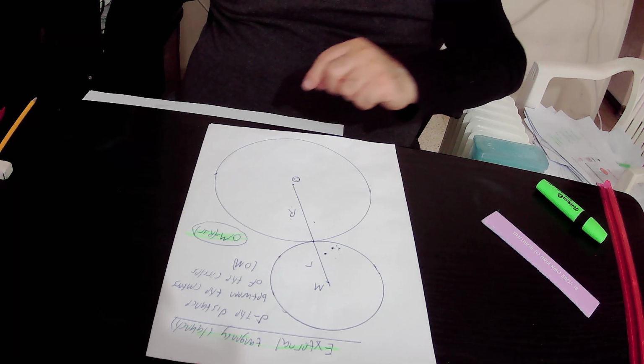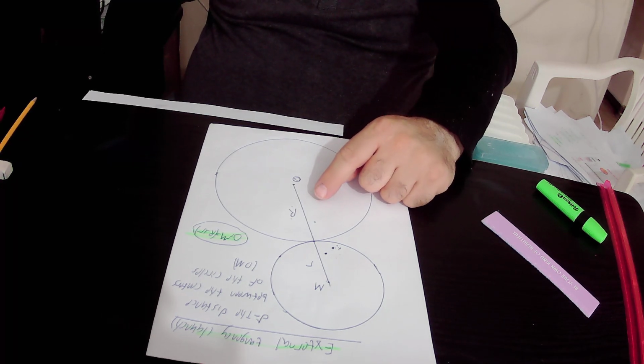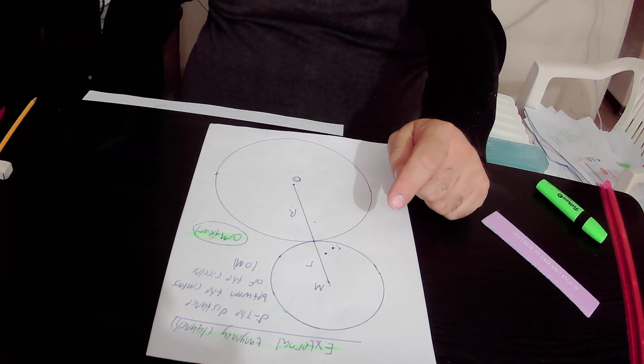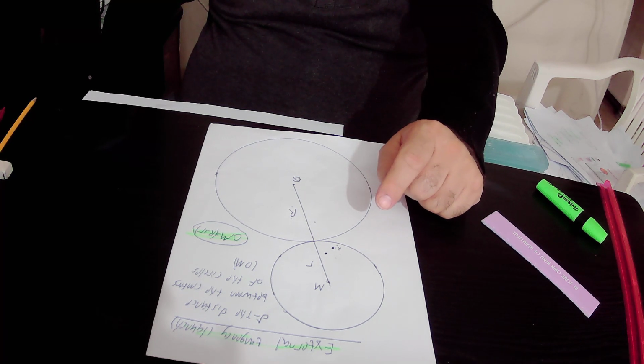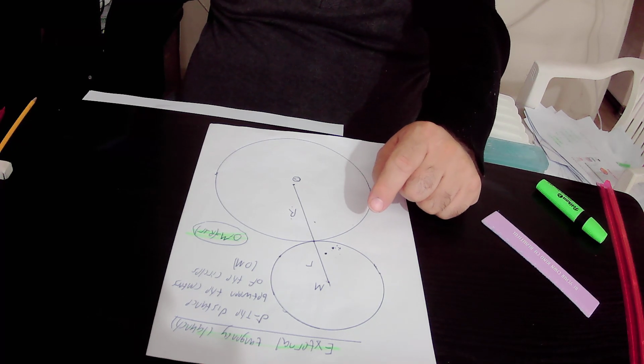That is to say, it will be equal to capital R plus small r. So whenever two circles are touching each other externally, then the distance between their centers will be equal to the sum of the lengths of their radii.